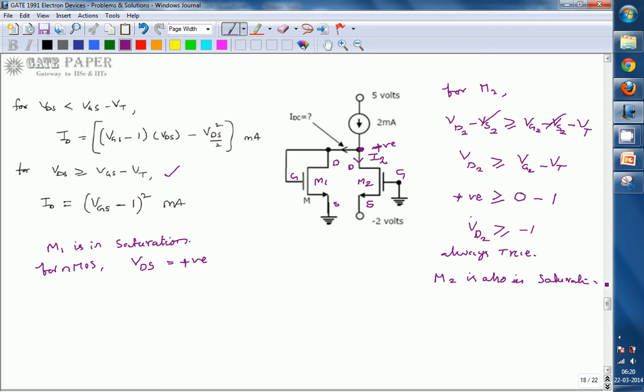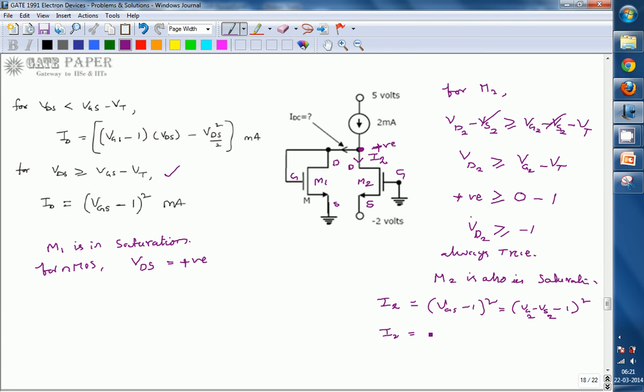Remember that. And we know how to calculate the saturation current. Now we will calculate the current flowing through M2, which is I2. The saturation current equation is VGS minus 1 whole square. So VGS minus 1 is VG minus VS minus 1 whole square. Since it is the M2 transistor, VG2 minus VS2 minus 1 whole square.